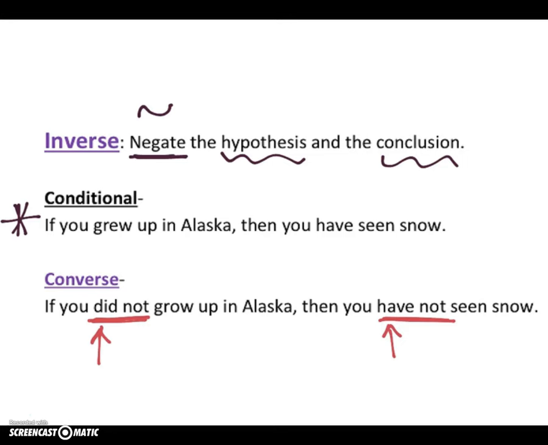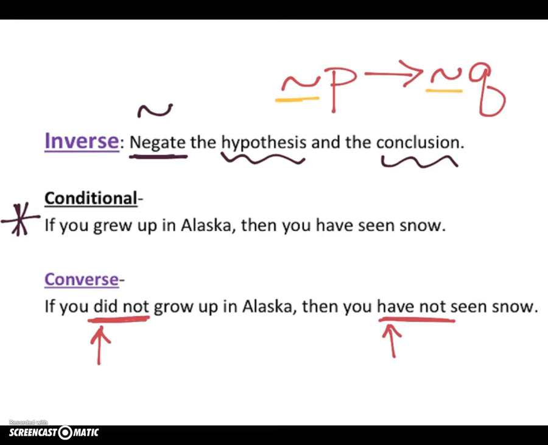So this is our inverse: if you did not grow up in Alaska, then you have not seen snow. And then again, we have our nice little shorthand way of writing this: not P, then not Q, because we added the not for both of these.